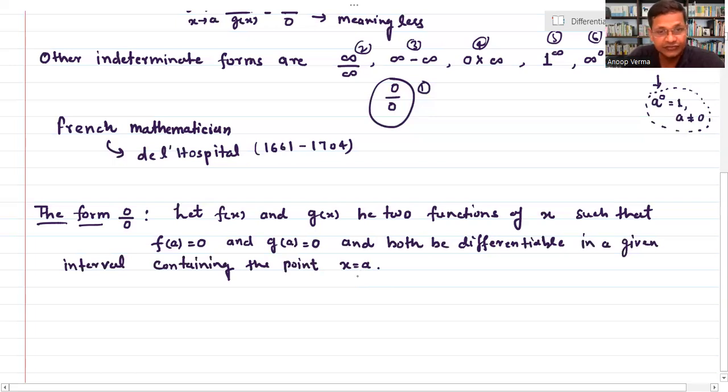Okay, so if we take another point, we have the Lagrange mean value theorem, so I will use the Lagrange mean value theorem here. If a plus h is another point, and because h is very small, tending to 0, then in an interval which contains a, a plus h is also contained in that interval.